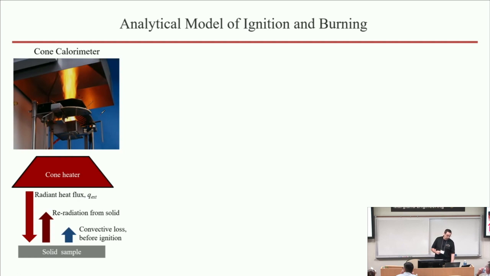And as a result of that, you get convective loss associated with this process. And as the surface gets hot enough, the surface starts to radiate. So eventually, those three factors affect what's going into the surface. And ultimately, when the surface reaches sufficient temperature, the ignition forms on the surface of this material.